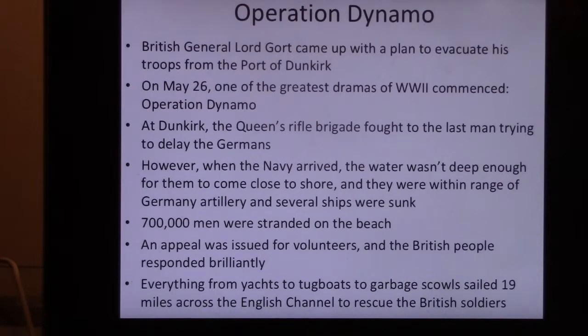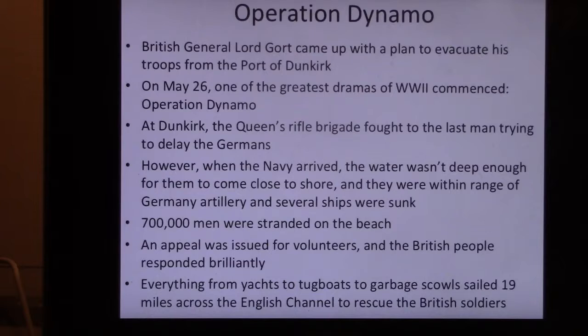The port cities of Boulogne and Calais are overrun, leaving only tiny little Dunkirk as the only place for the soldiers to travel to. And the Queen's Rifle Brigade, Queen's Volunteers, the personal protectors of the Queen, will sacrifice themselves, saying, we will fight to the last man, we'll fall back building to building, street to street.